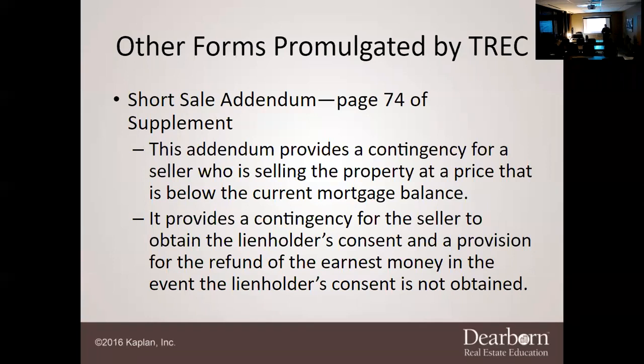Okay, so that's what this form is. And it provides the contingency for the seller to obtain the lien holder's consent and a provision for the refund of the earnest money in the event that the lien holder consent is not obtained.